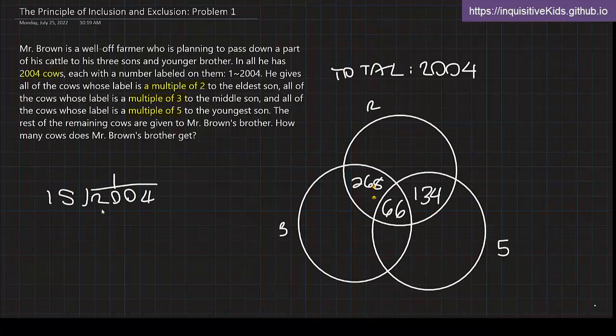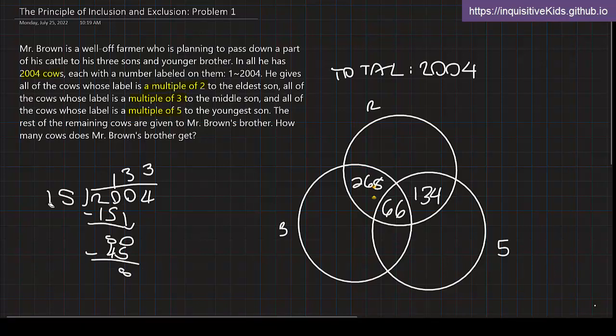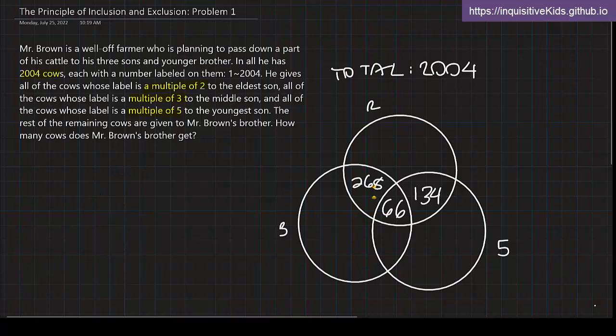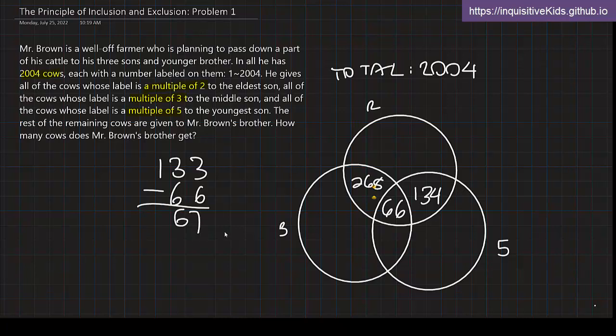We get 1, carry that 15 down, subtract, now we have 50. 3 times 15 is 45, subtract, we get 5, and yeah, 133 with a remainder, but the number of whole 15s in 2004 is 133. So right here, we have 133, but we have to subtract 66 from it, giving us 67. So over here, this is 67.